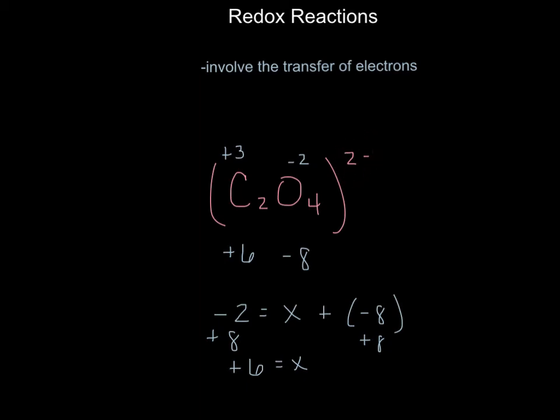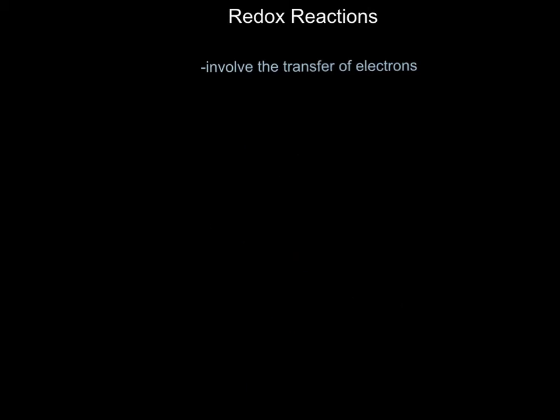So that's how I can assign oxidation numbers to compounds that have a positive or negative charge and aren't just neutral. The only other thing to remember about oxidation states is that if you have an element by itself, like nitrogen, or bonded to itself, like O2 or I2, their oxidation numbers are going to be 0.